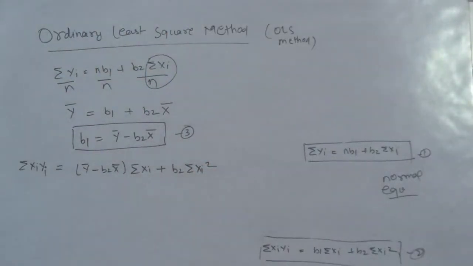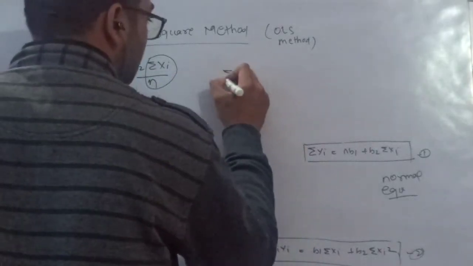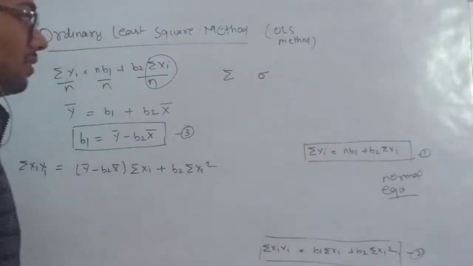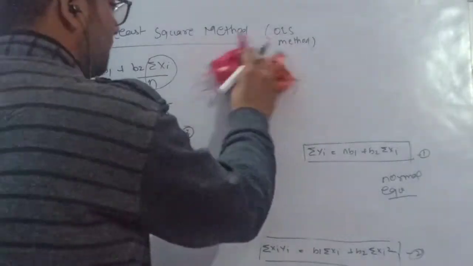Actually we called it sigma, but if I called it sigma here also, you will be confused between this sigma and this sigma, so it is summation.